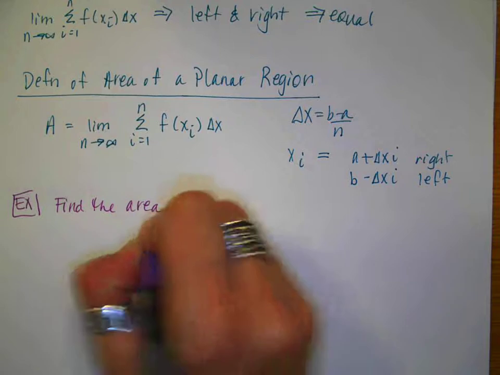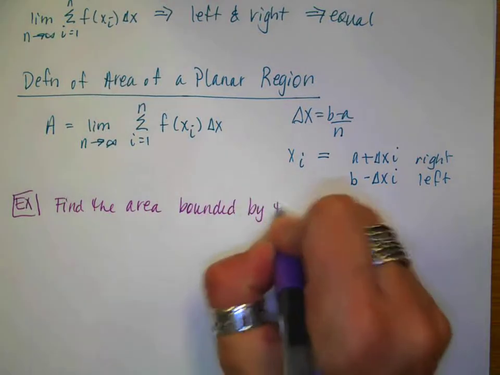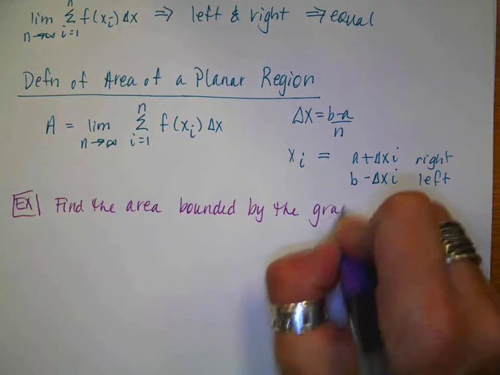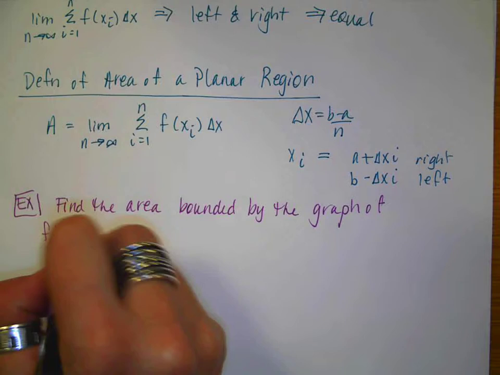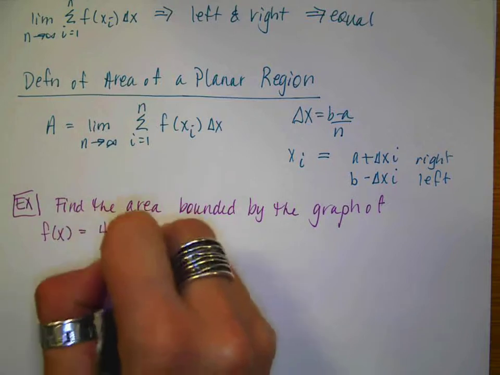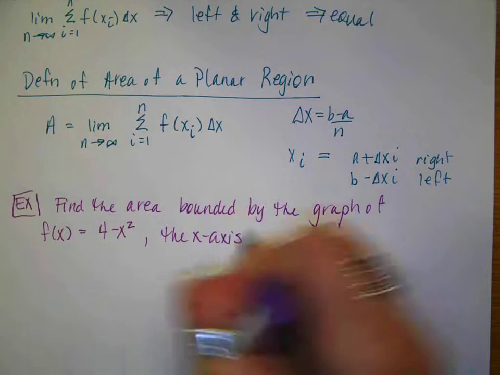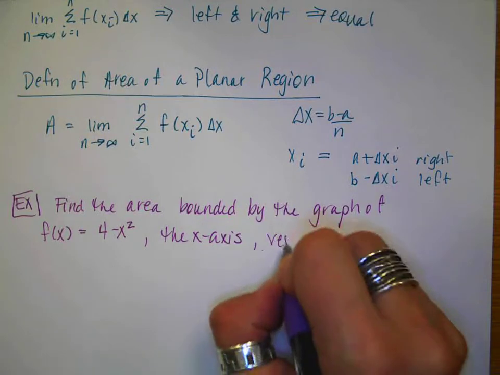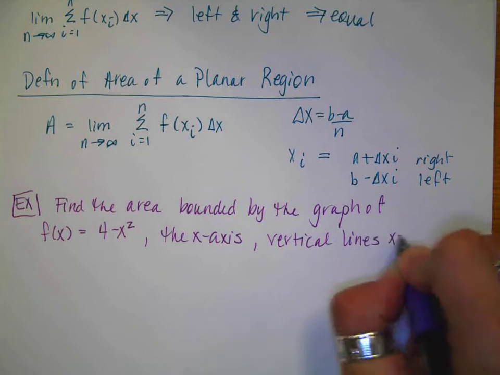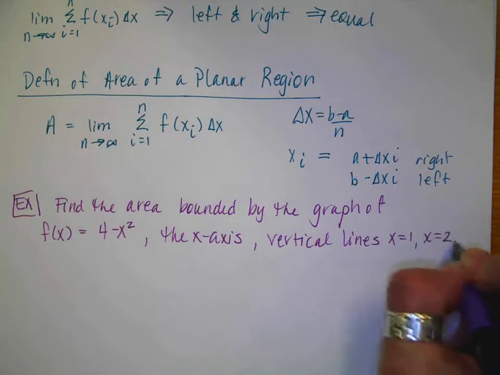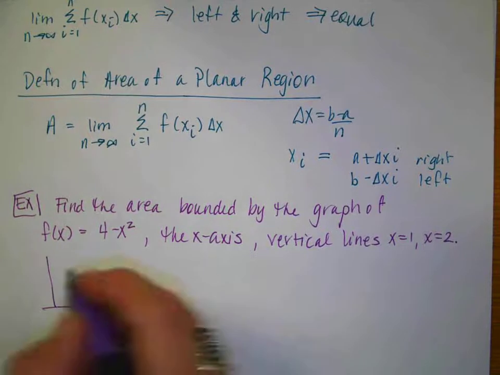We want to find the area bounded by the graph of f of x equals 4 minus x squared, the x-axis, and our vertical lines, x equals 1 and x equals 2.